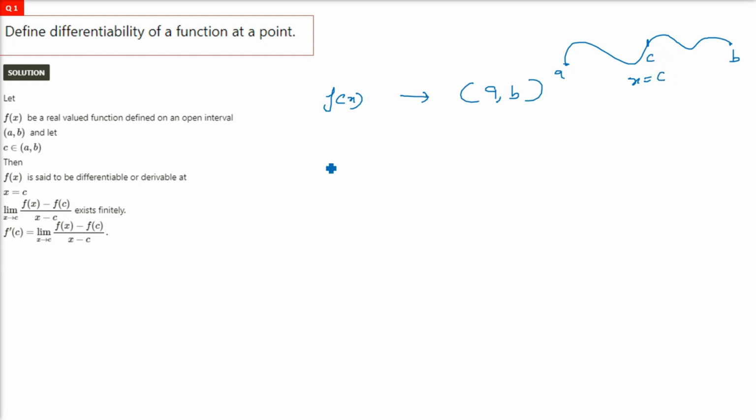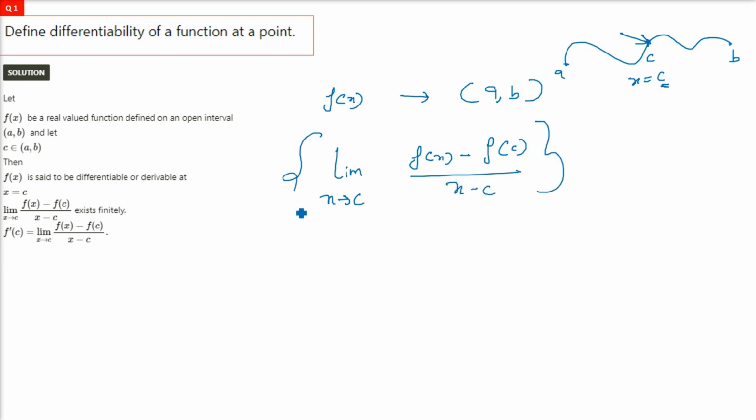Then at x equal to c, if this function f(x) is differentiable or derivable, or it has a derivative at x equal to c, then the limit as x tends to c of f(x) minus f(c), where c is of course the point we have to check, divided by x minus c.